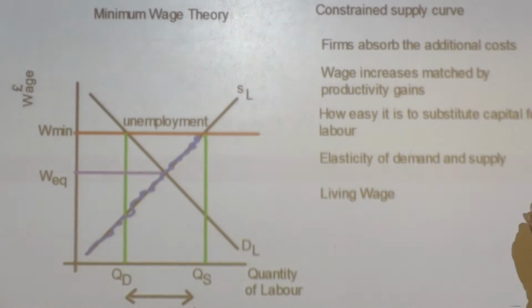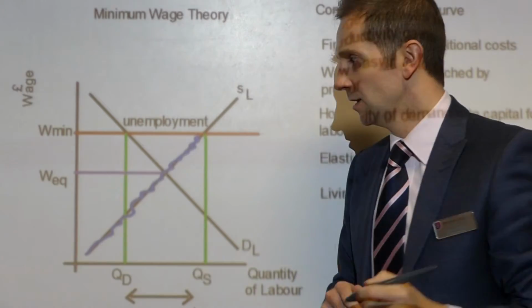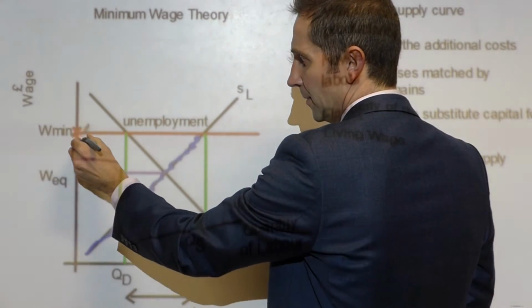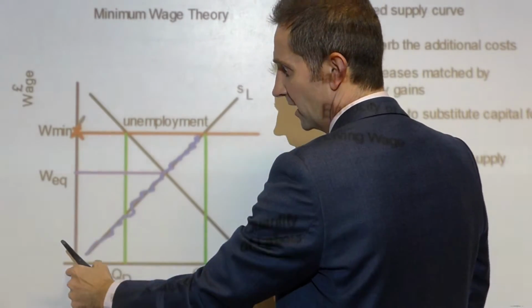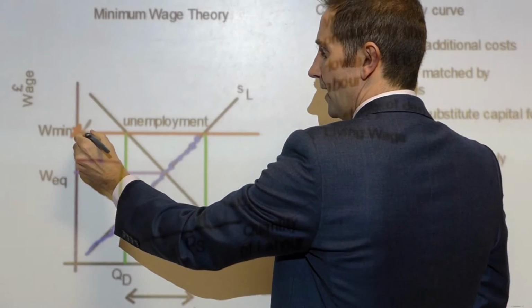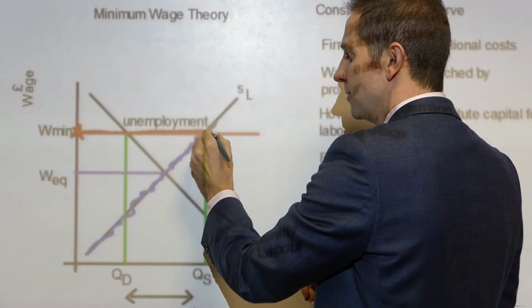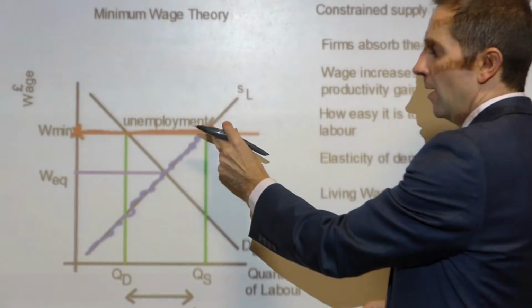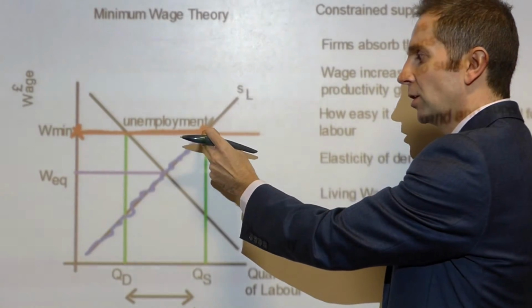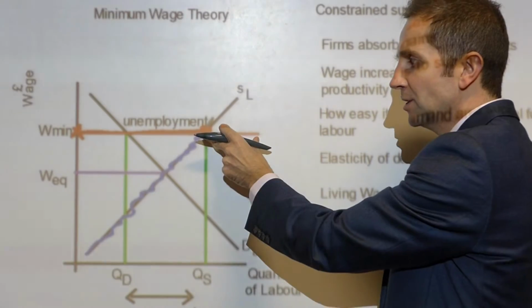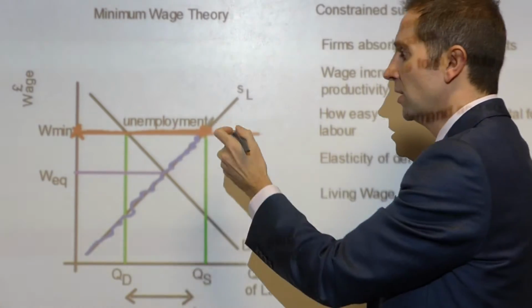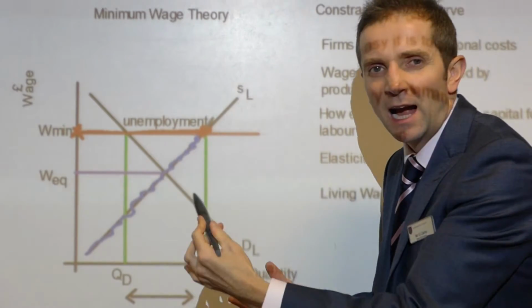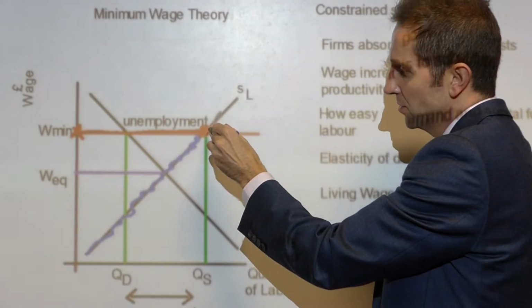And our constrained supply curve, ladies and gentlemen, starts here, because no one will work for anything less than this, and then goes right across until we meet the original supply curve again, and only once this supply curve is above the minimum wage does it then become active again, and so we move back onto it.